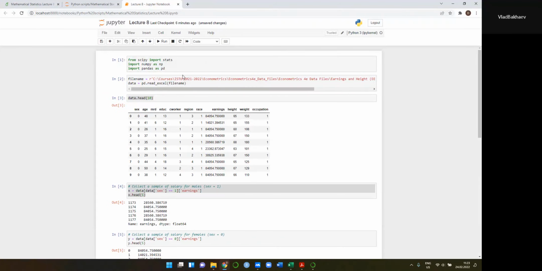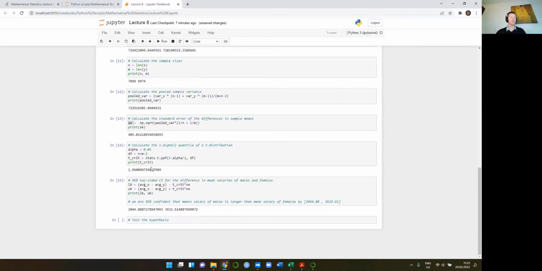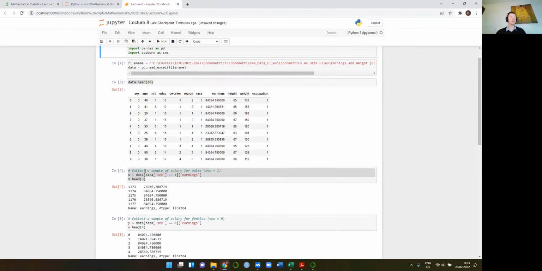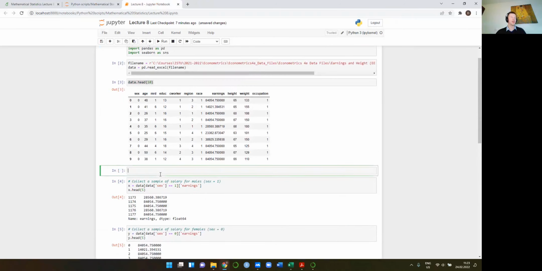Okay, let me show you one thing. Maybe that's what you want. Just a second. Yeah, it's a box plot. X equals sex, Y equals earnings.